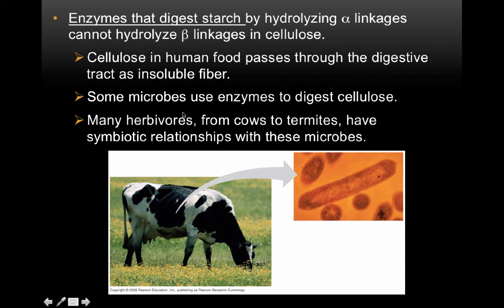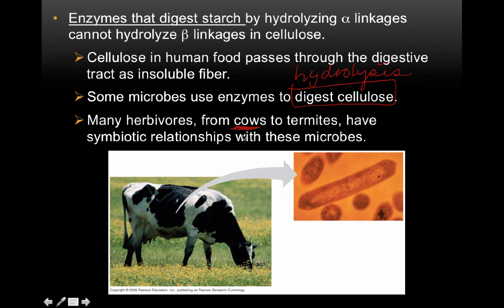There are some organisms that have the right enzymes for digesting cellulose. Some microbes in particular have the correct enzymes necessary to break down cellulose or to perform hydrolysis, if you will. Water to break bonds, digestion. Many herbivores have these microbes.